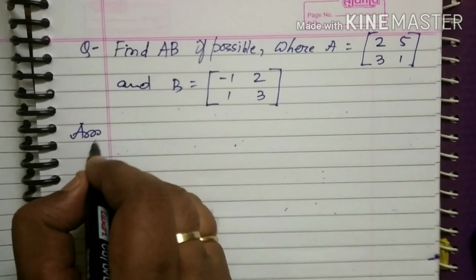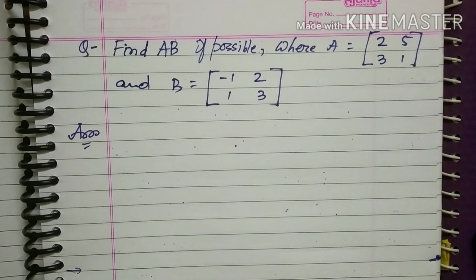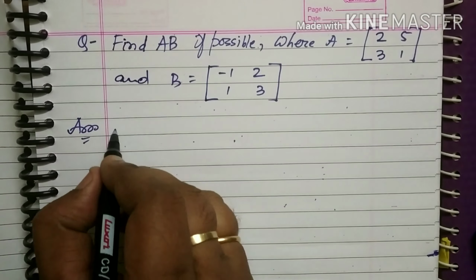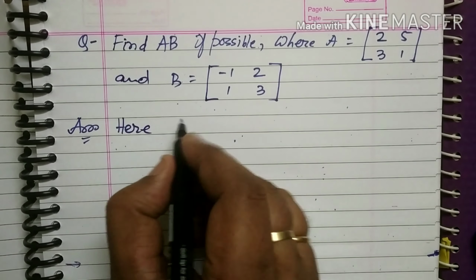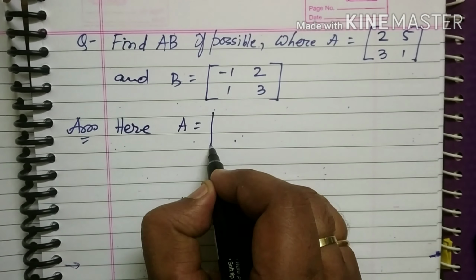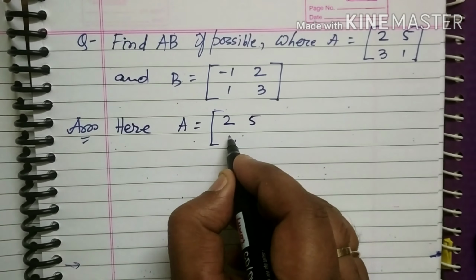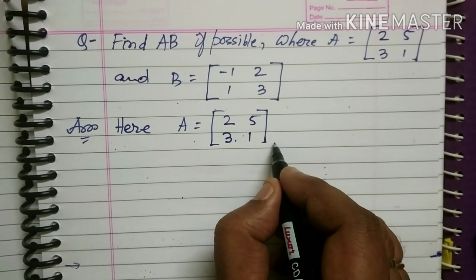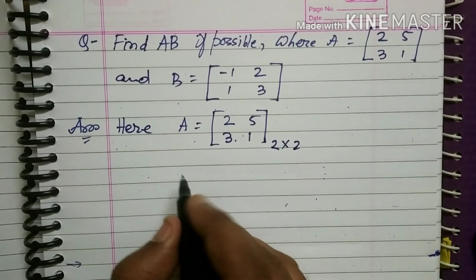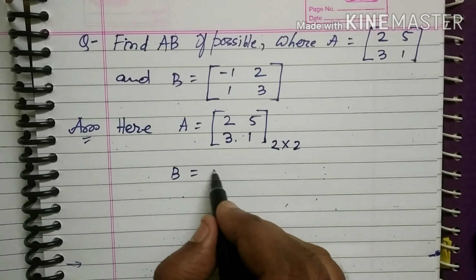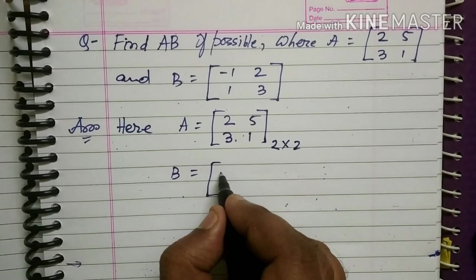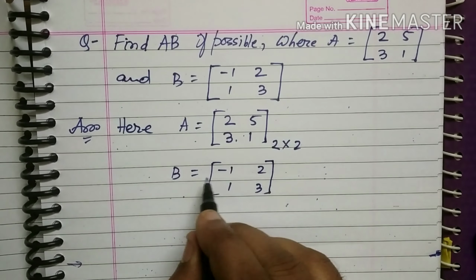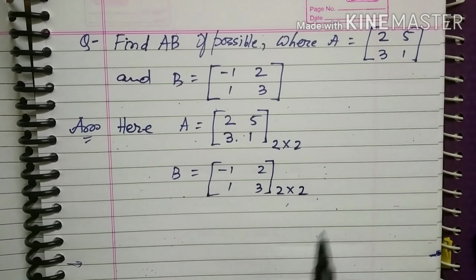Try to understand, very easy. What is A? A is 2 5, 3 1. What is the order? How many rows do you have? Row number 2, column number 2. What is B? B is minus 1 2, 1 3. Same, 2 rows and 2 columns.